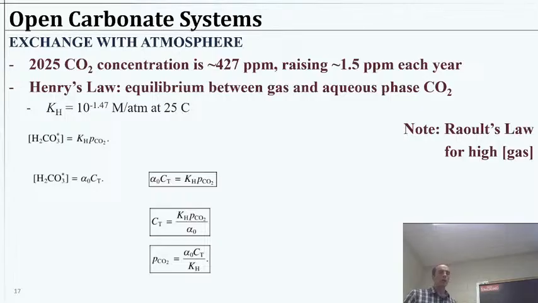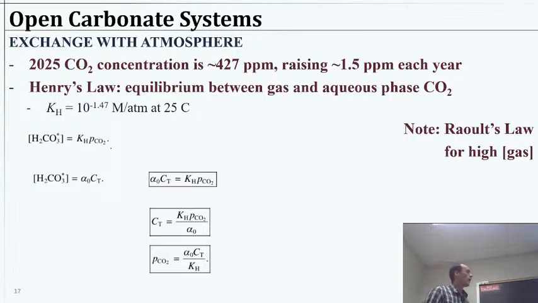So essentially, Henry's law then dictates that equilibrium like we talked about. I think we saw a different Henry's law constant earlier. Here we have 10 to the minus 1.47 for a scenario where we have moles per liter per atmosphere at 25 Celsius. And of course, we can have these different equations.